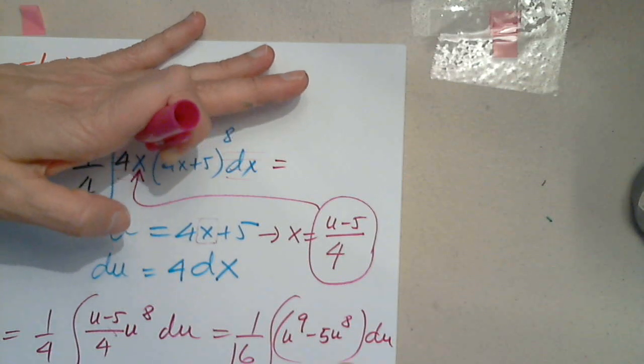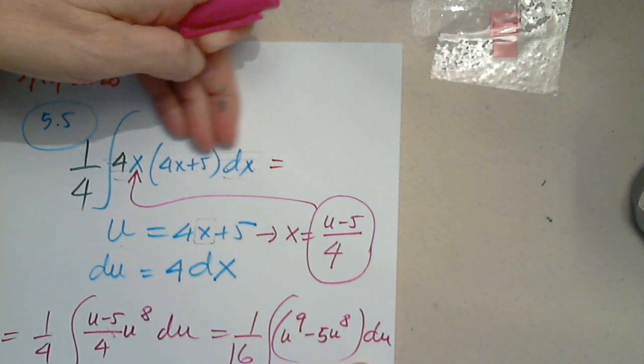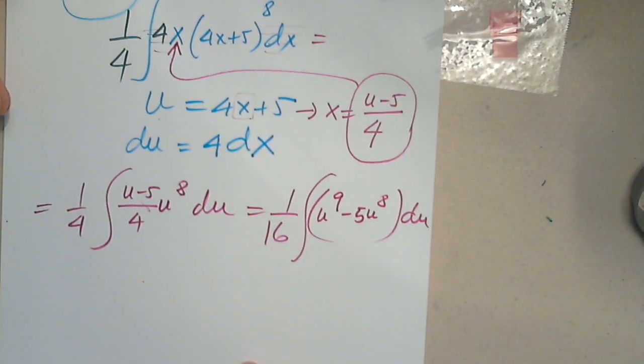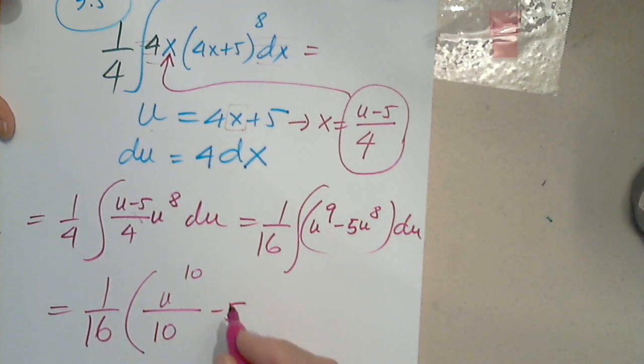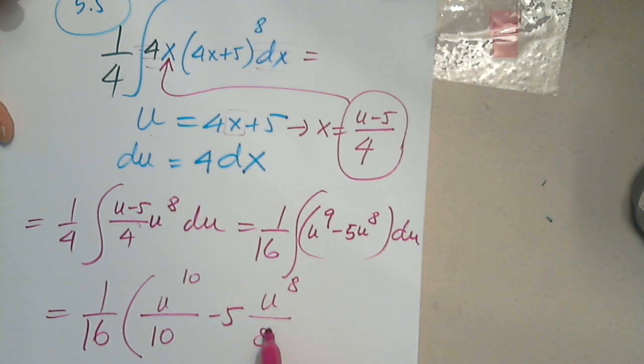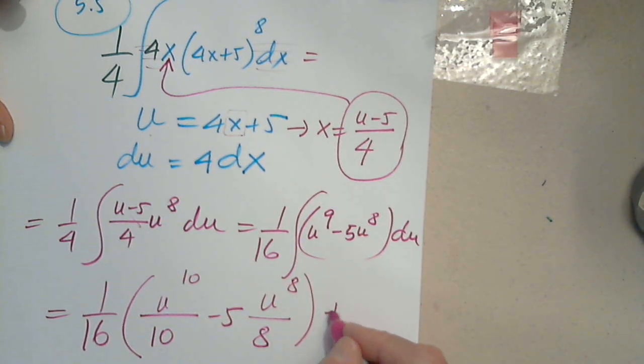And this is so much easier than this. No questions, no comparison. So 1 over 16, u to the 9th, I have to increase the power by 1 and divide by the same number. Minus 5, I have to increase the power by 1 and divide by the same number. And then plus a constant c.